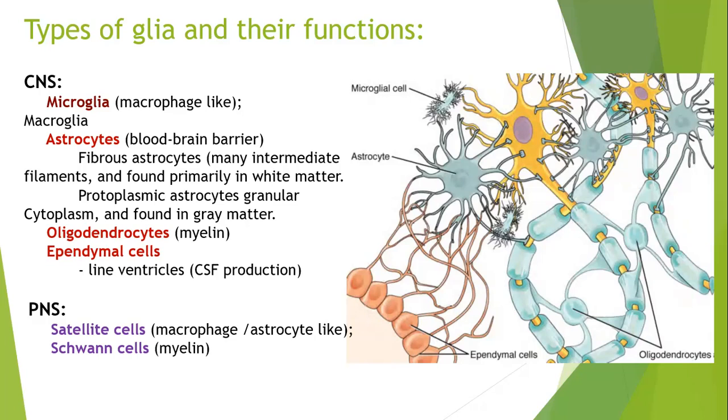Now, I'll start with the PNS because you are more familiar with it. In the peripheral nervous system, we have neurons that have axons, and those axons may be myelinated. And from our previous course, we saw that the myelin sheath is made up of Schwann cells. So Schwann cells are the first glial cells that you have encountered.